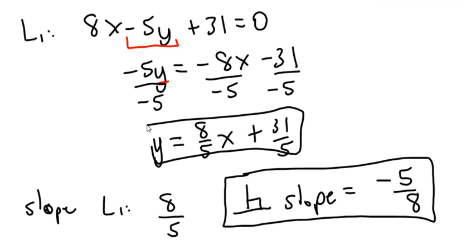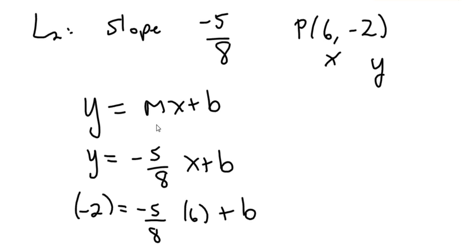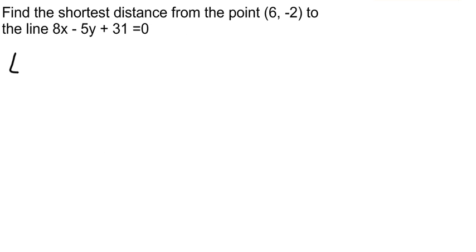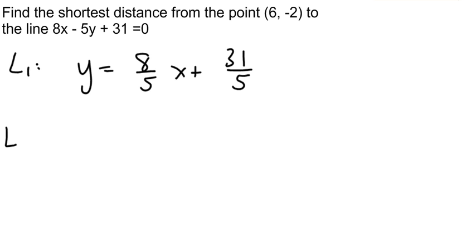So line 1 is 8 over 5x plus 31 over 5. And line 2, which we just found, is negative 5 over 8x plus 7 over 4.